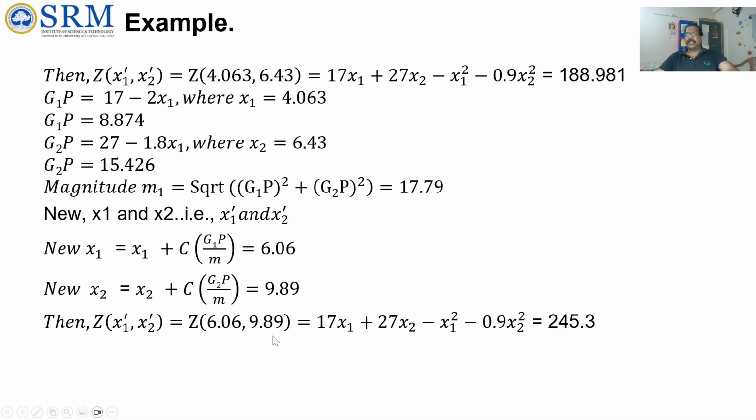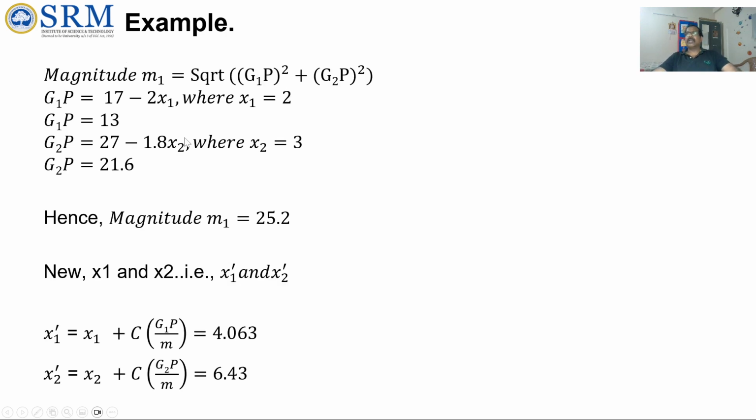Then we need to calculate the m value. How to calculate the m value? The m value equals the square root of gp1 whole square plus gp2 whole square. So gp1 value 17 minus 2x1, substituting the current value x1, we got 13, and for g2, 27 minus 1.8 x2 is substituted as 3, so 21.6.